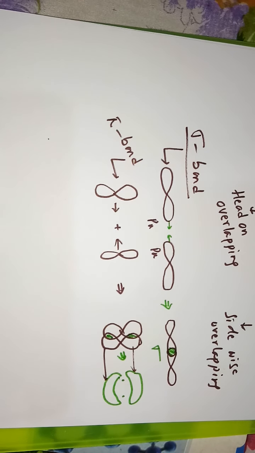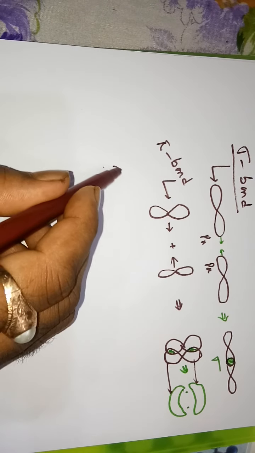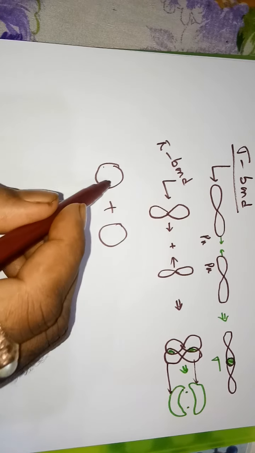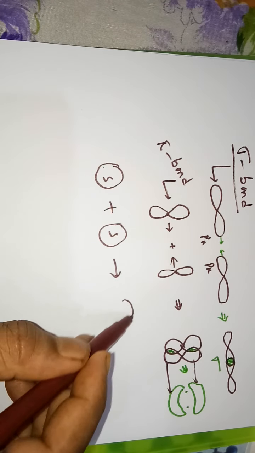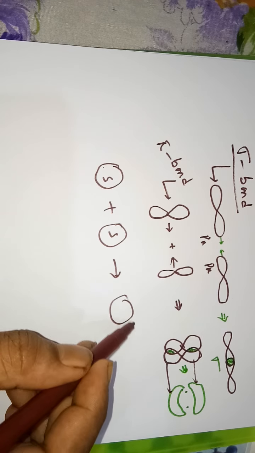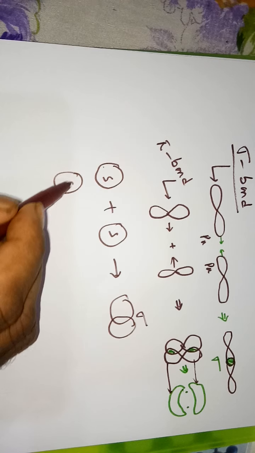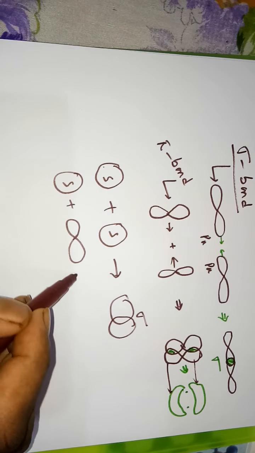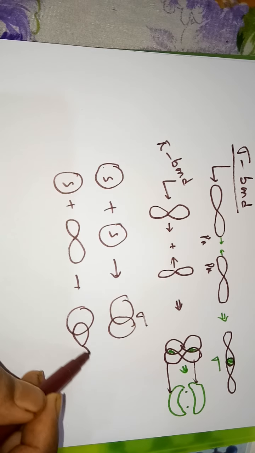Now if I consider the different types of overlapping, if two s orbitals are overlapping, this is s orbital, this is s orbital, they always form what is called your sigma bond. Now if an s orbital overlaps with any other orbital, for example with the p orbital, then also we have sigma bond.